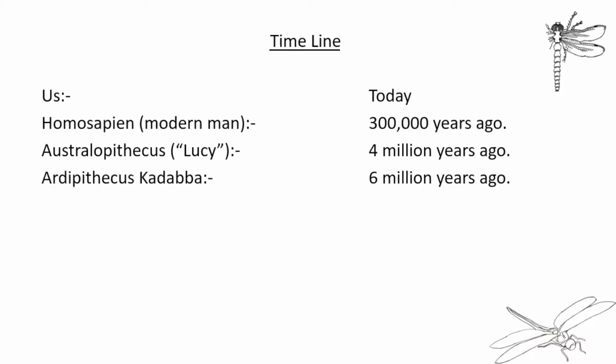We go back to this one, 6 million years ago, and this is where they believe we split away from the great apes. So at this point, we left the gorilla, chimpanzee, bonobo, all of the rest of that type of great ape species.